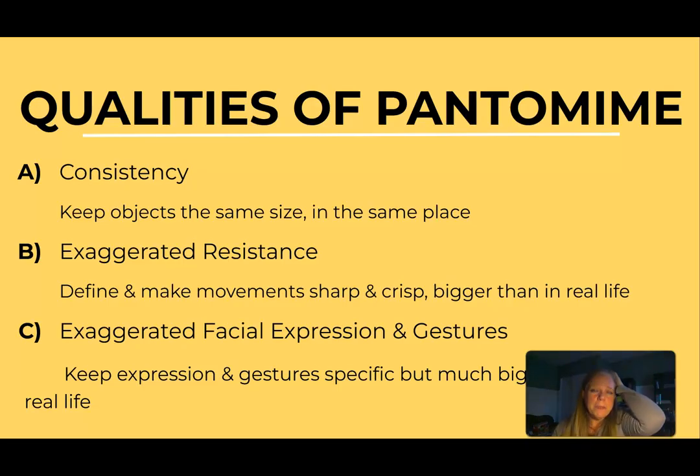You have to keep the same size for the object the entire time. This is really tricky if you're working with horizontal spaces, like you're trying to make a sandwich, which is a very good simple action to try to pantomime. If the table is one height here and then the next time you go to interact it's taller or shorter, or all of a sudden you start to walk through it, there's no consistency and that's confusing.